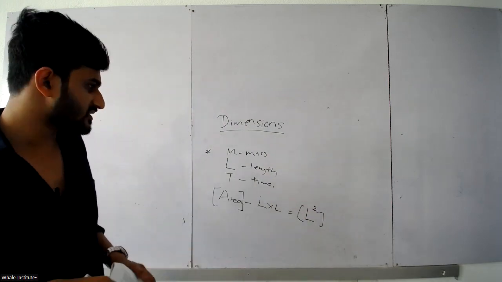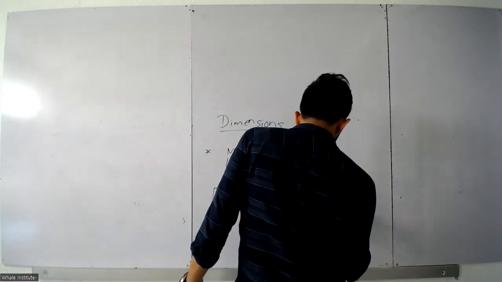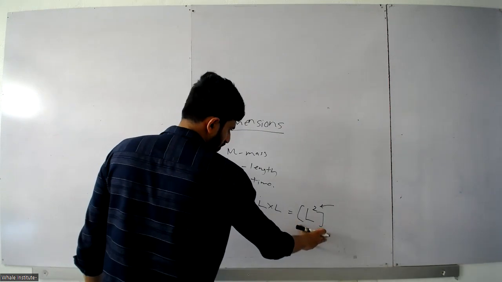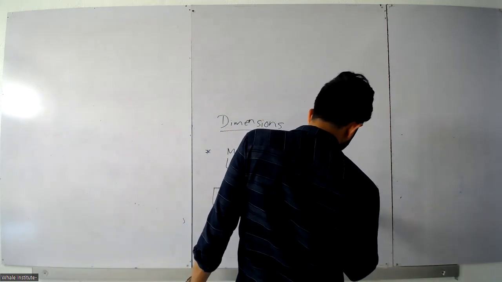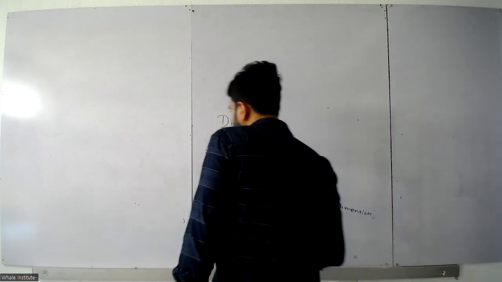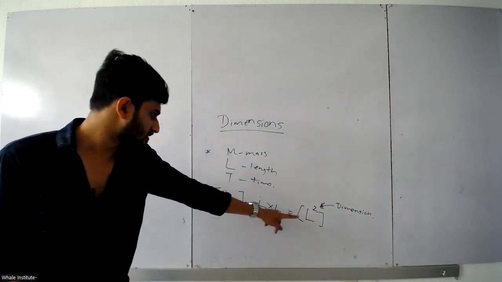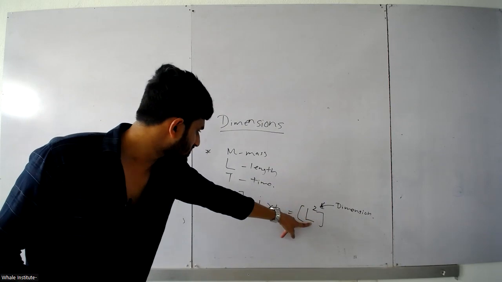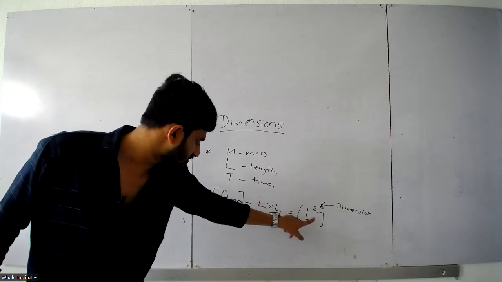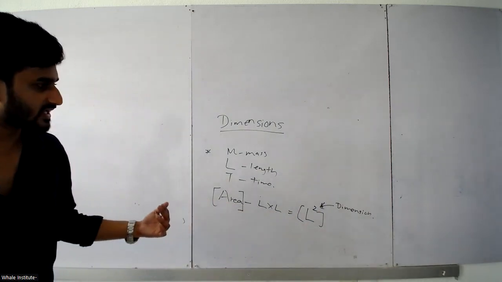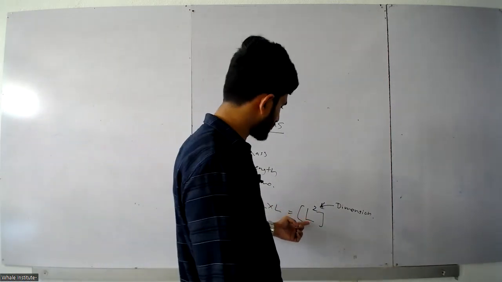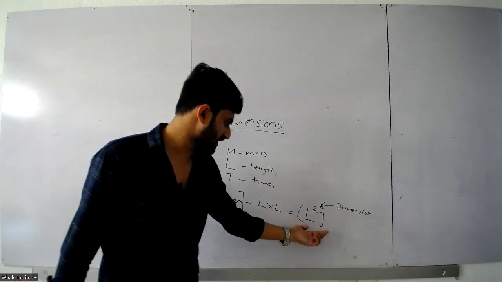Here the dimension is 2. This whole term is dimensional formula and 2 is the dimension of length. Dimension to which the base length physical quantity is raised. So area කියන quantity එක length කියන base physical quantity එකත් එක්ක තියෙන relationship එක තමයි මෙතනින් පෙන්නන්නේ.